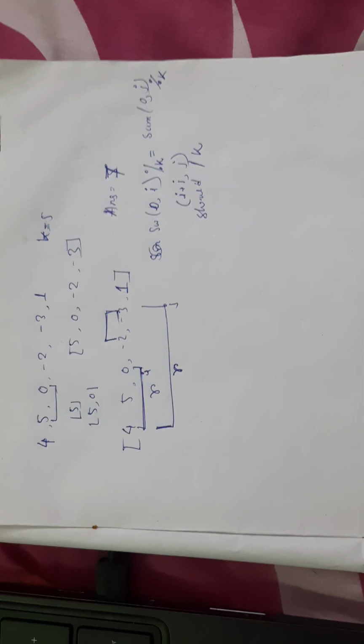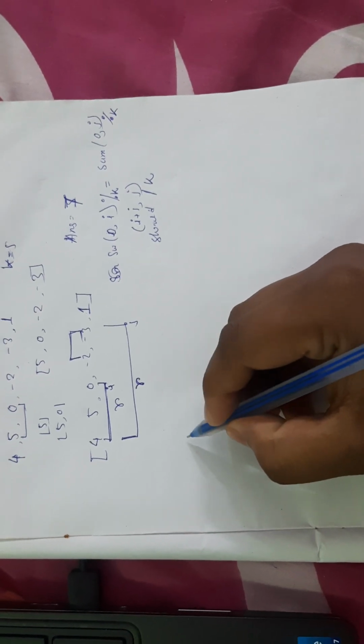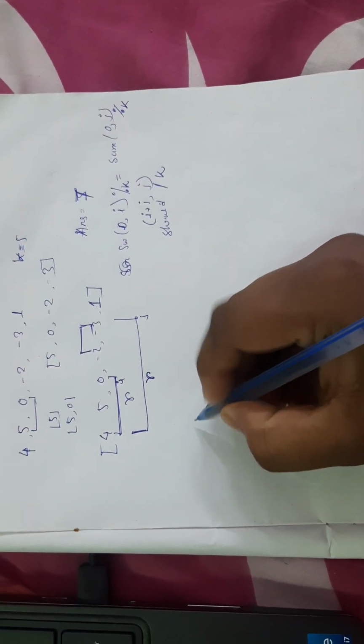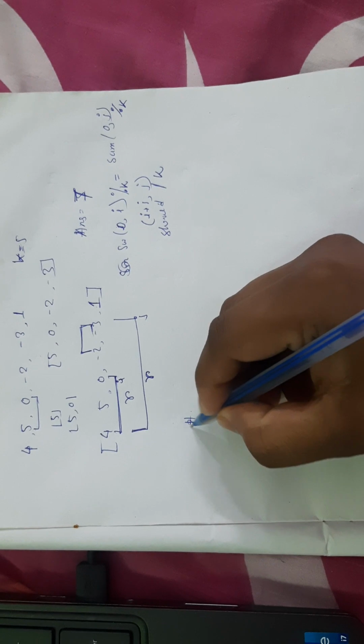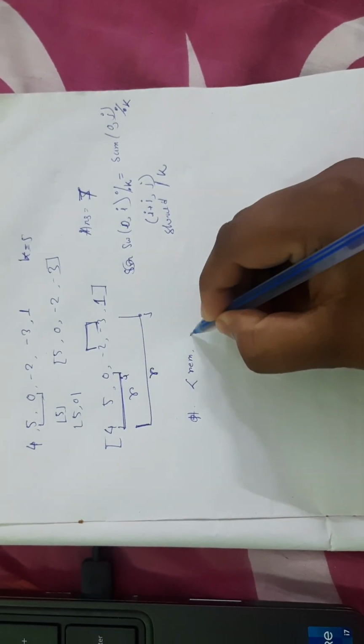So to solve this problem, what we will do, we will create a HashMap that will store the remainder and their frequency.